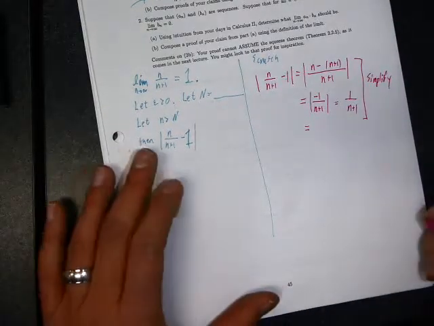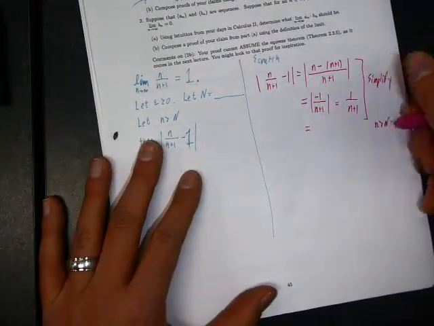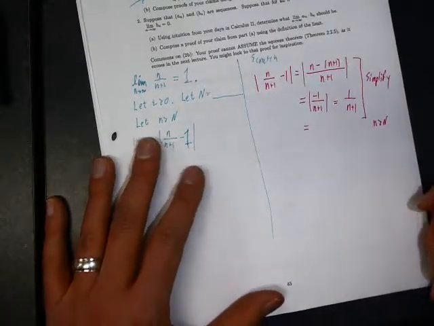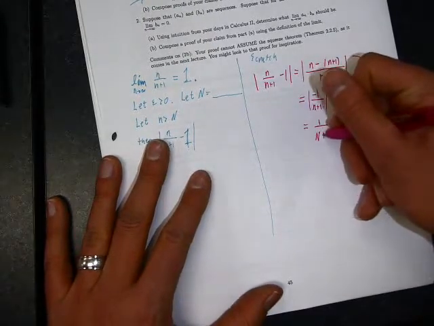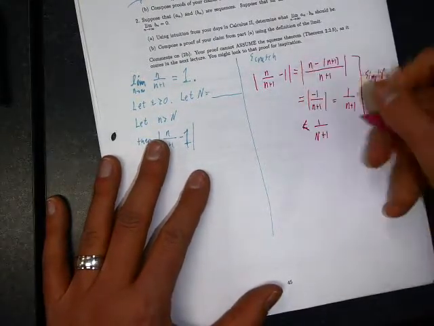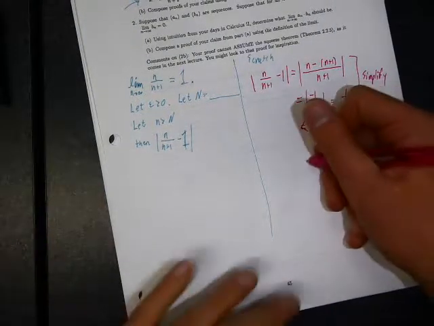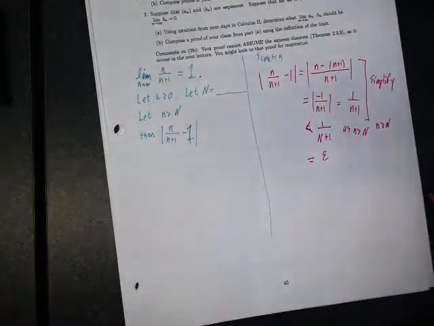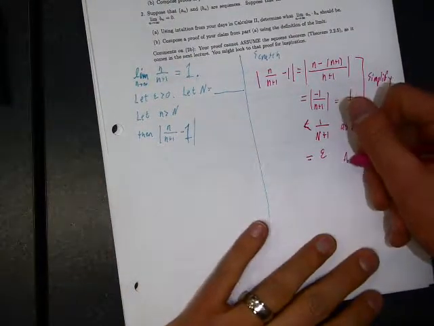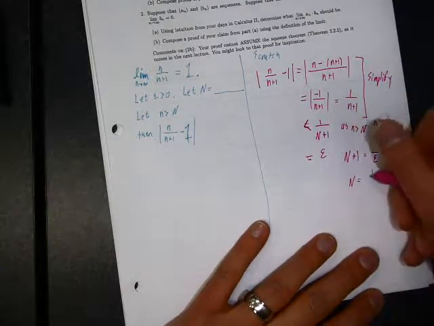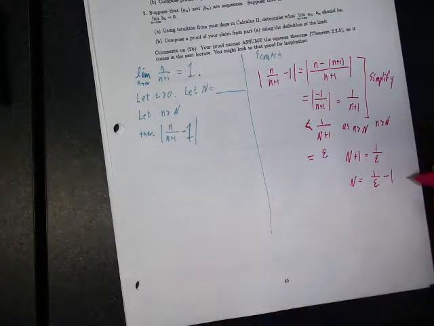Now that it's maximally simplified, let's use the fact that little n is bigger than big N. So if little n is bigger than big N, then 1 over little n plus 1 is less than 1 over big N plus 1, as little n is bigger than big N. And now what do you do? You set that equal to epsilon, and you solve for big N. So it looks like a big N of 1 over epsilon minus 1 will do the job.